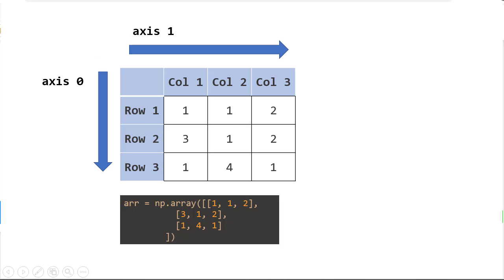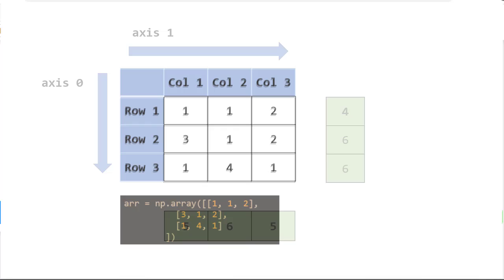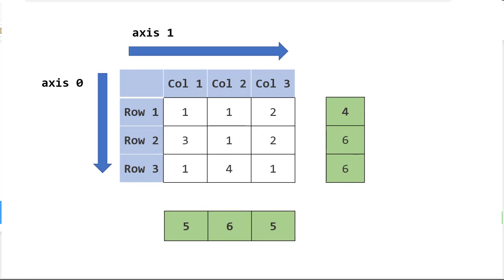If I want to perform summation, I can also specify the axis along which I want to perform the addition operation. If I perform the addition operation along axis 0, then it will return these values. So it performs 1 plus 3 plus 1, and that value will be inserted into this first index position.